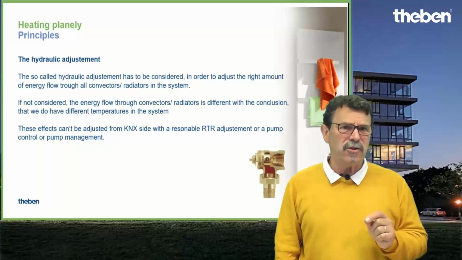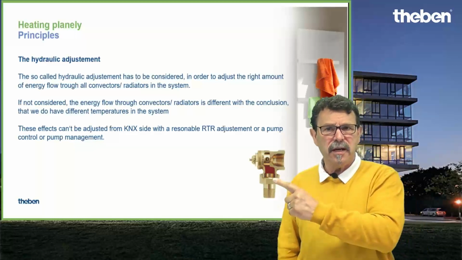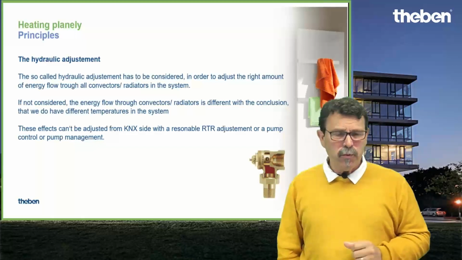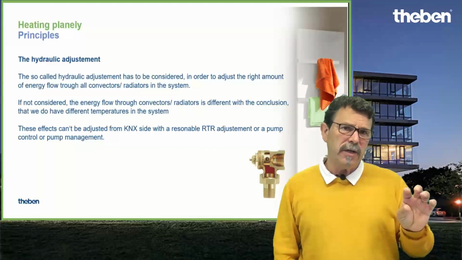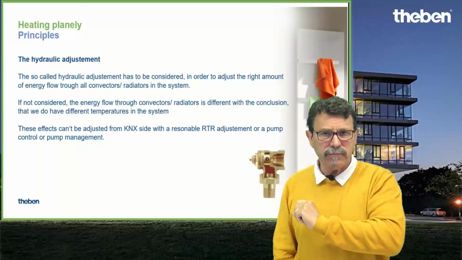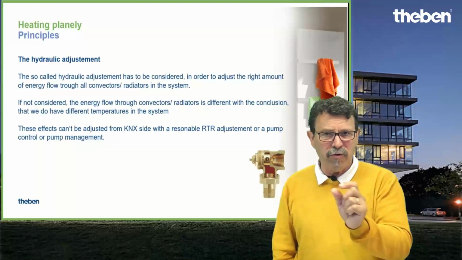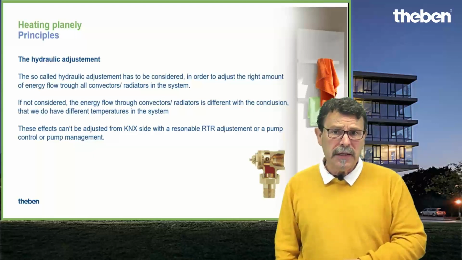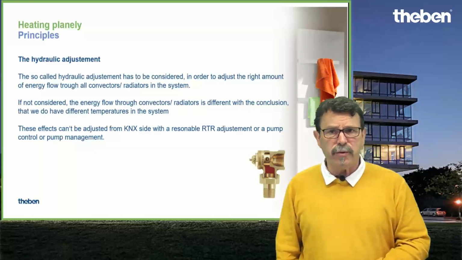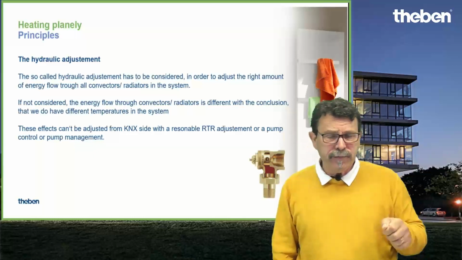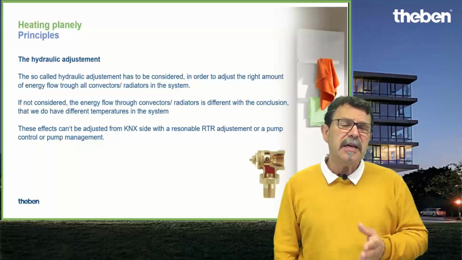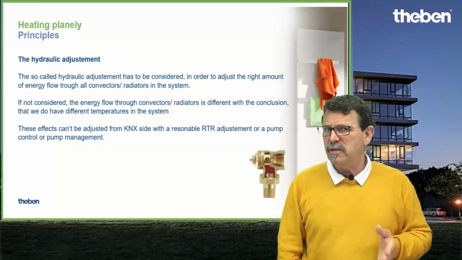This is mostly hardware. So for instance, hydraulic adjustment. This is a valve which you see here, which is directly installed on a radiator. On this side the valve is installed. You have here a small ring with a pitch, and upon it you put the terminal valve or motor-driven valve. And there is a small screw, and with this screw the heating specialist has to do the hydraulic adjustment. What does it mean?